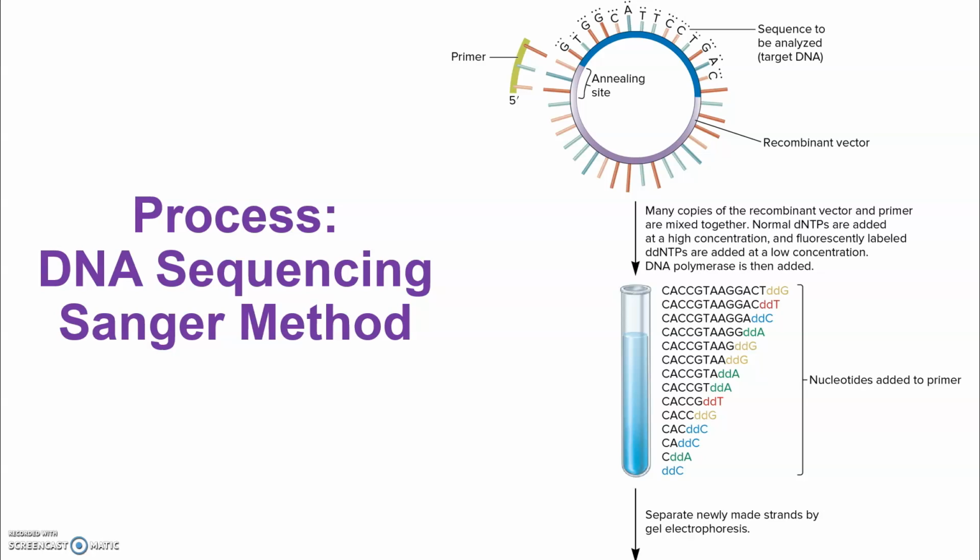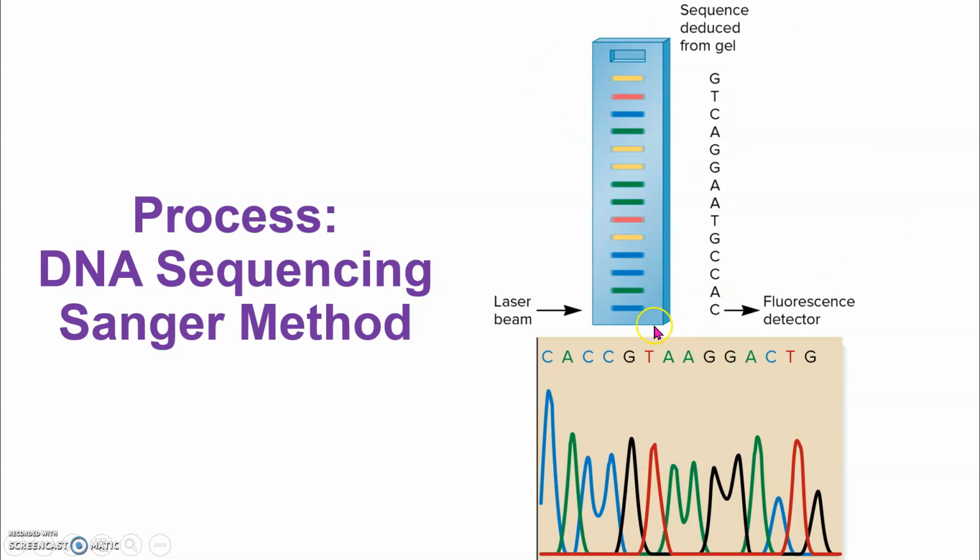But every time a dideoxy is inserted, it fluoresces and it causes chain termination. So you get DNA of varying lengths, and you run it on a gel. This is called ladder sequencing because you can essentially read the order from the gel. To help automate this, there are computer programs that pick up the different fluorescence and tell you how much you have, and that also gives you the sequence, okay?